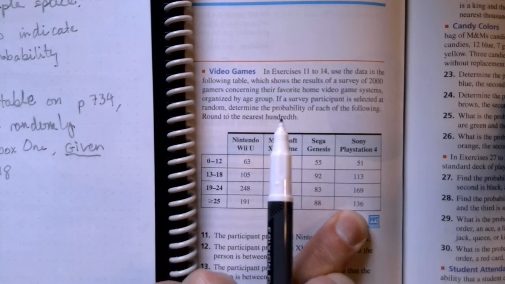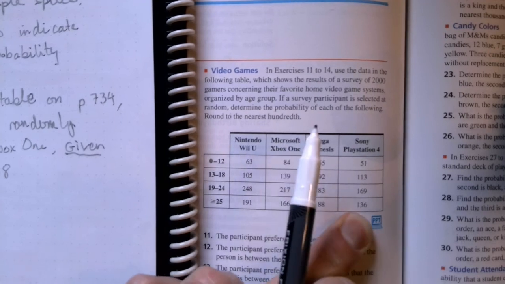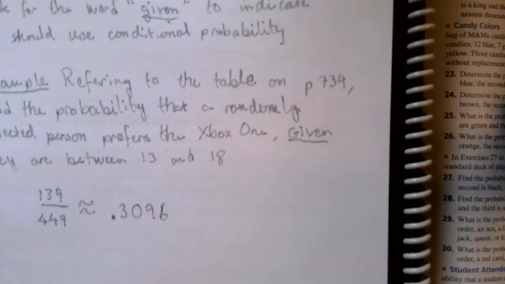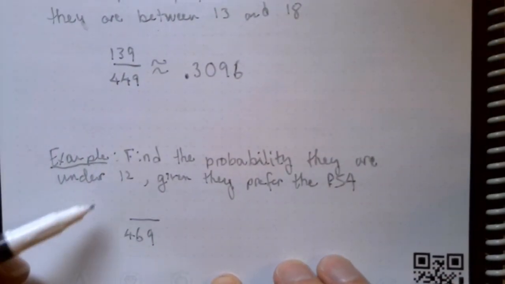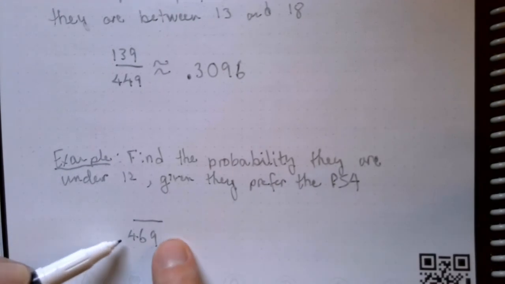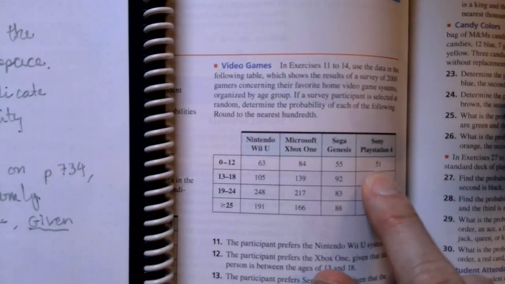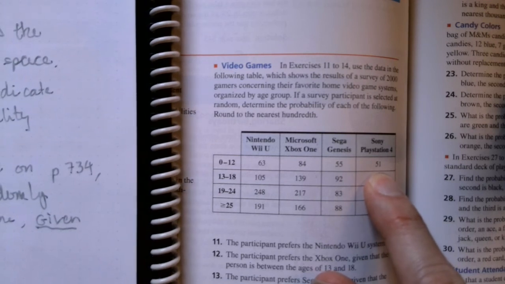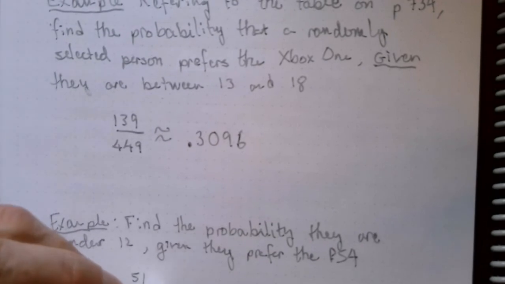Okay, so I would take my 51 plus 113 plus 169 plus 136. So I get a sample space of 469 people. So given they prefer the PS4 means we're focusing on those 469 people. We want under 12 given that we are in this column. So that's 51 out of 469.